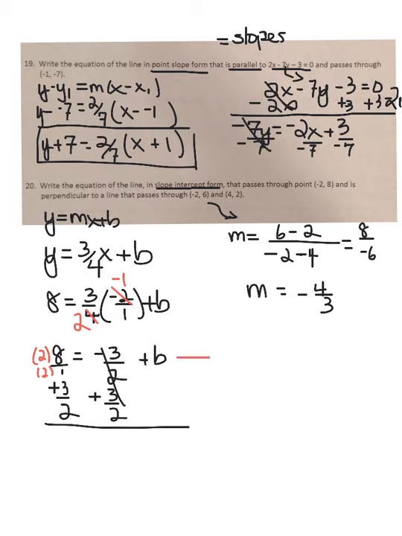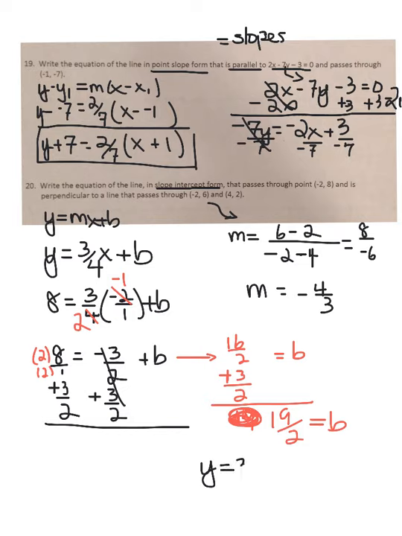So 16 over 2 plus 3 over 2 is going to be our b value. So that's 19 over 2. That's your b. So the final equation is going to be y equals 3/4 times x plus 19 over 2.